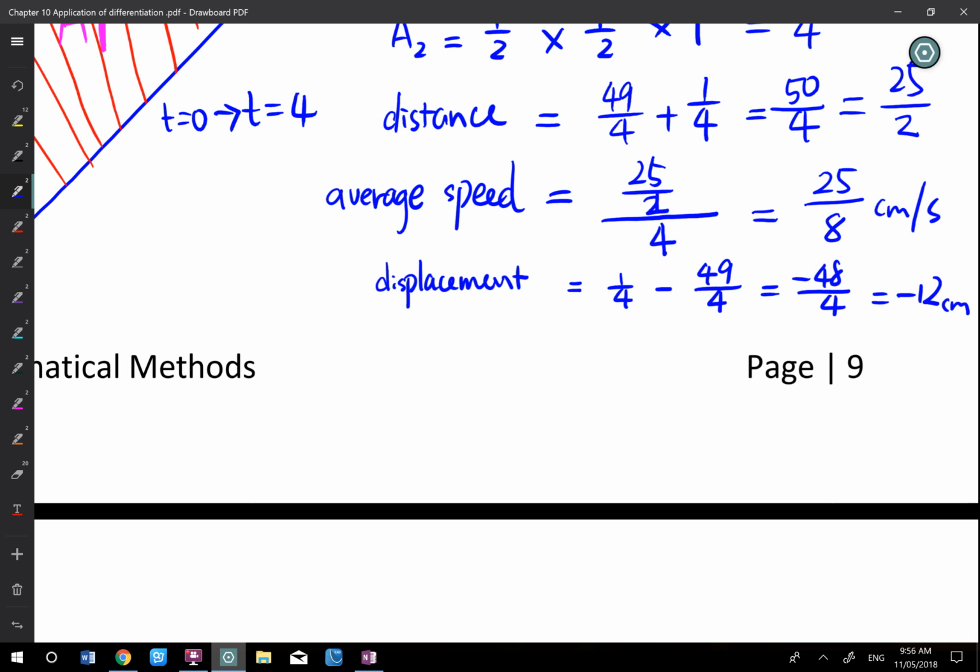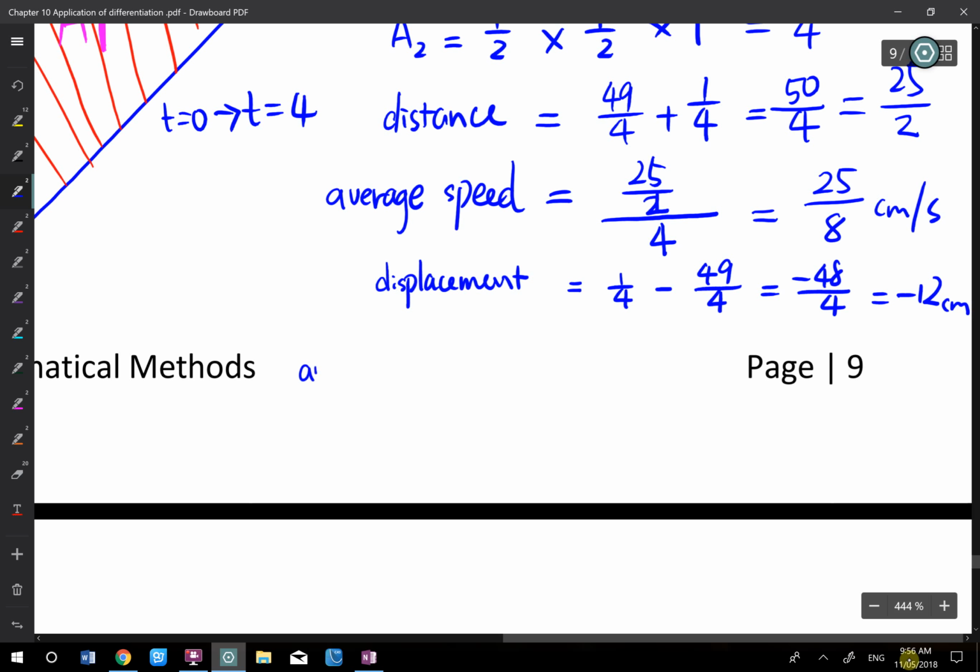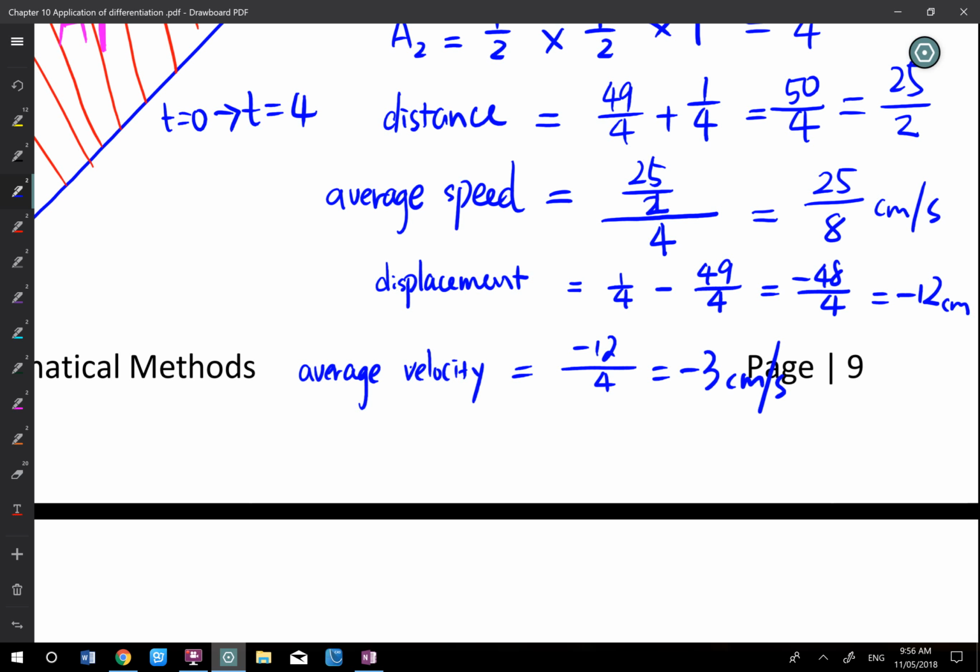And we can write average velocity equals minus 12/4, and that gives me the same thing, minus 3 centimeters per second. That's exactly the same as the question on the left hand side.